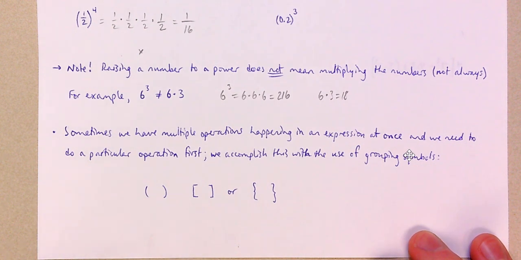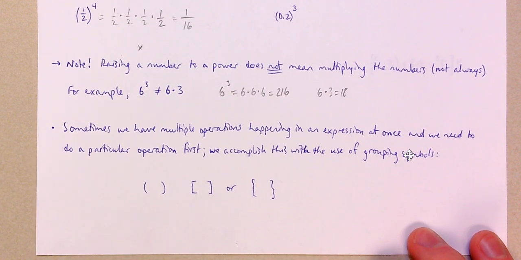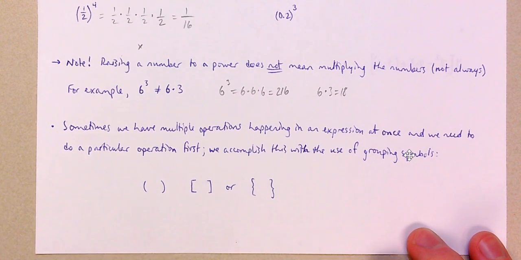We may have to, say, add two numbers first before we do something, or we may have to multiply two numbers first before we do something else inside of it. So what do we do to make sure that we do that particular thing first?